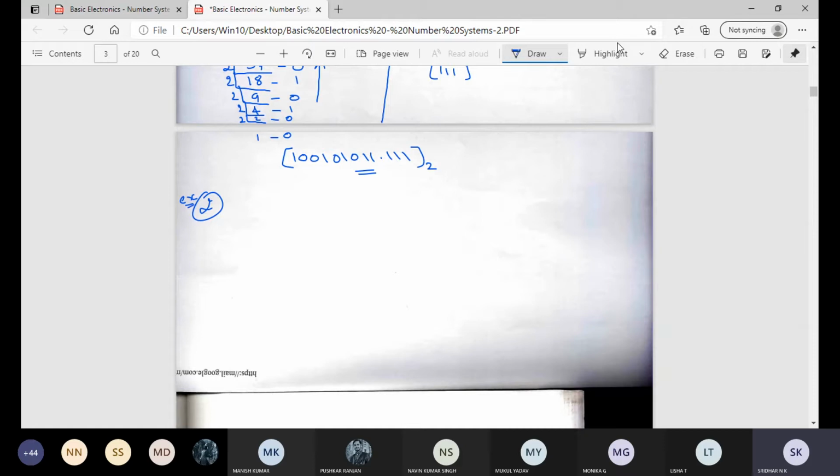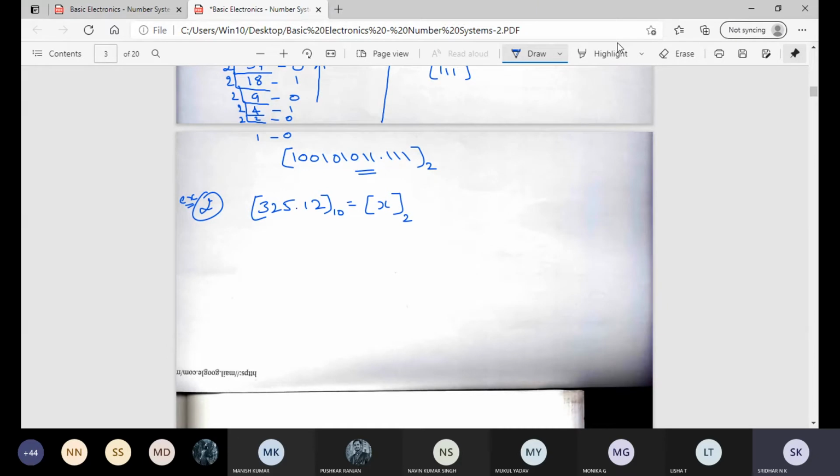Take down one number, some number. I'll take the number 325.12 in decimal. What should be the binary equivalent? Can you do it?